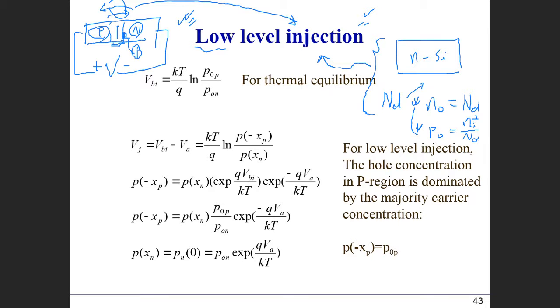Especially when you apply the bias, we follow this derivation and correlate the hole concentration or electron concentration at the edge of the depletion region. At thermal equilibrium, as we discussed, VBI you can calculate from this equation, kT over q, ln of pop, where pop means in the p side, your hole concentration at thermal equilibrium.